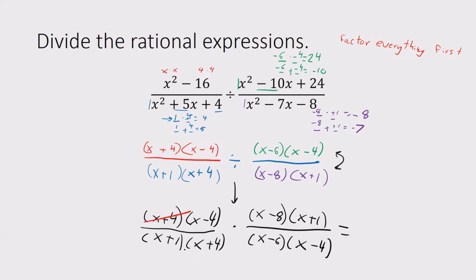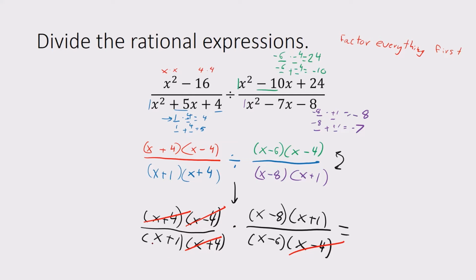Well, we have an x plus 4 on the top and the bottom of the first fraction. Those cancel. We also have an x minus 4 on the top of the first fraction that cancels with the bottom x minus 4 in the second fraction. You can cancel in different fractions as long as you're multiplying. If it was not a multiplication, we couldn't cancel from different fractions, but since it's multiplication, we can.